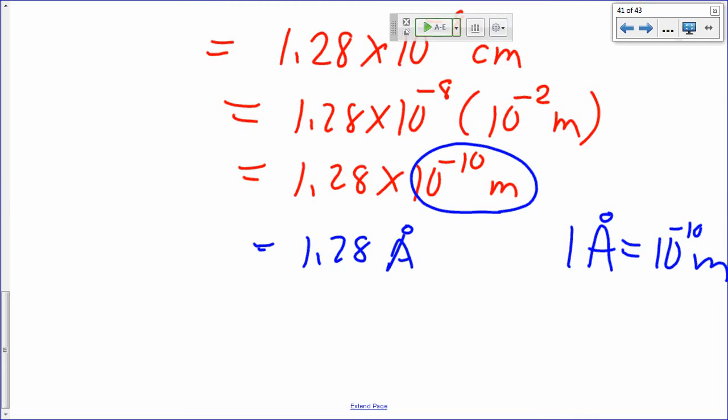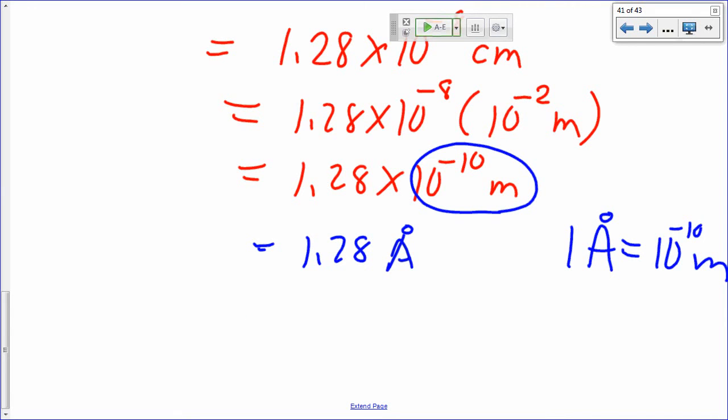Typically, when you're solving problems like this, typical interatomic distances would be anywhere between 1 to 2 angstroms. If you're getting a number that's way off from that, that's telling you you probably made a mistake somewhere. It's a good thing to remember, especially if you're taking a multiple choice test.